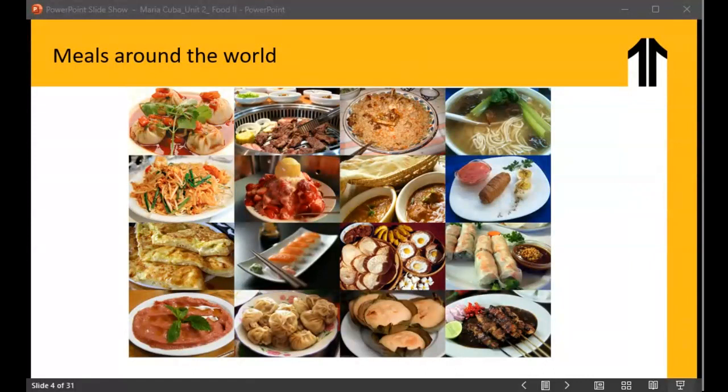I'm going to share with you this activity. Okay, talking about meals around the world. Okay, let me. I'm going to stop sharing this window.